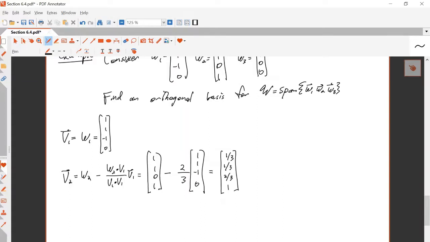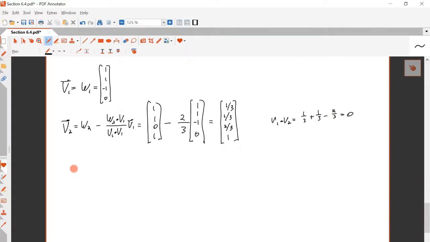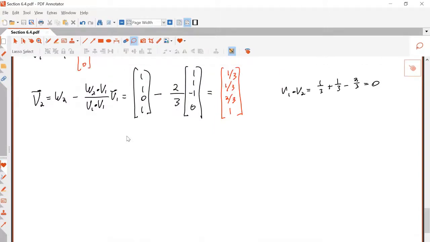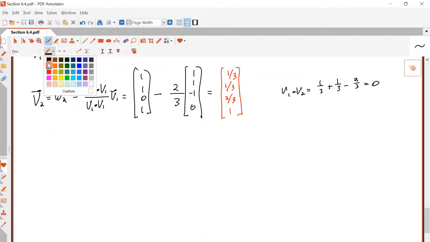Notice that V1 dot V2 is equal to 1 times 1/3 plus 1 times 1/3 minus 1 times 2/3, which is 0. So they're orthogonal. Now V3, where this is V2 and V1 dot V2 is 0.